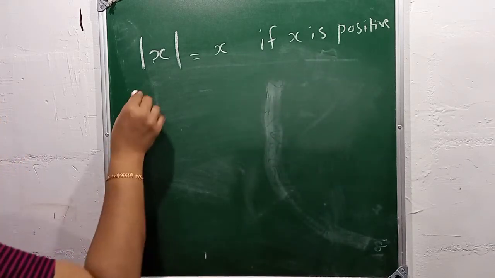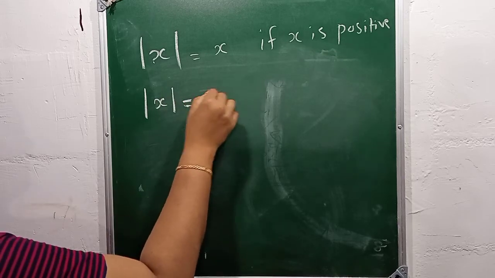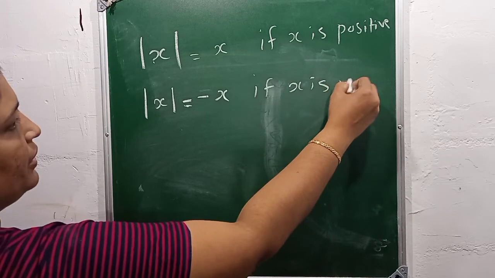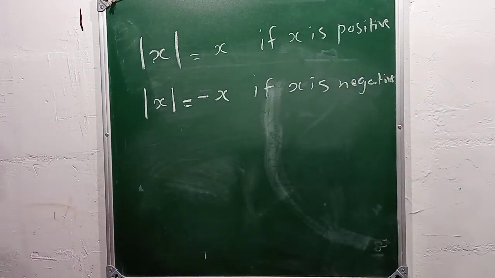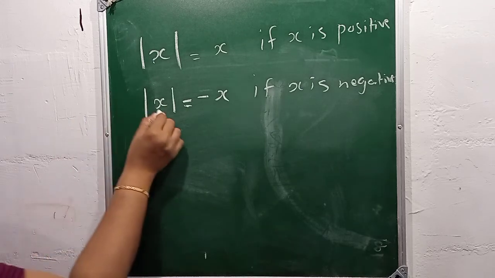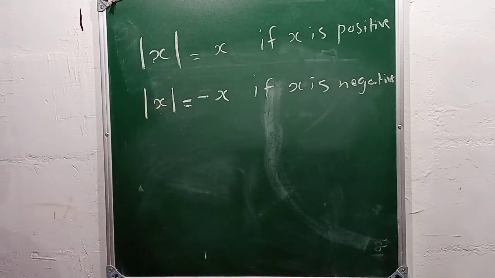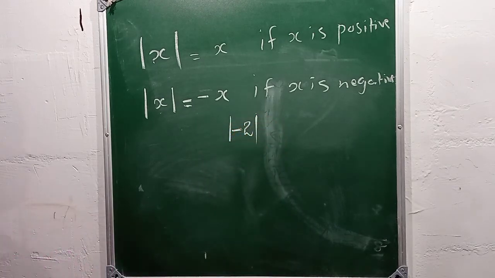Okay, and absolute value of x is equal to negative of x if x is negative. If x is a negative number, then absolute value of x is negative of x. For example, we need to find out the absolute value of -2.